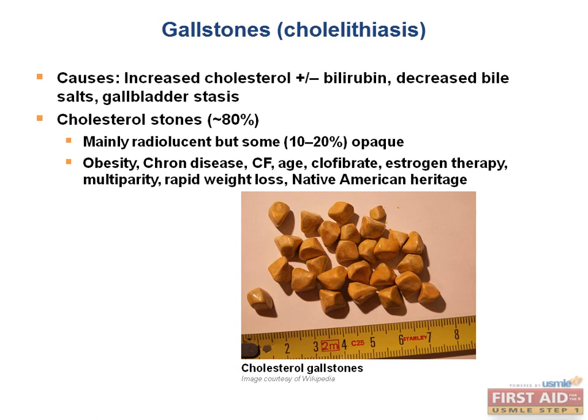They are generally radiolucent, although 10 to 20% are opaque due to calcifications. Risk factors for developing cholesterol gallstones include obesity, Crohn's disease, cystic fibrosis, use of clofibrate or estrogens, multiparity, rapid weight loss, and also Native American heritage. These are summarized by the mnemonic of the 4 F's: female, fat, fertile, and 40.